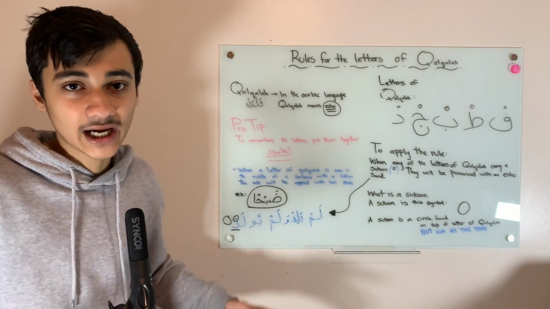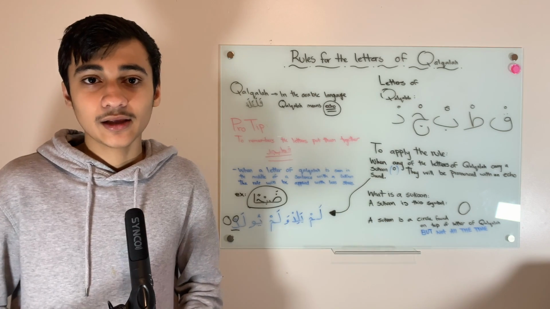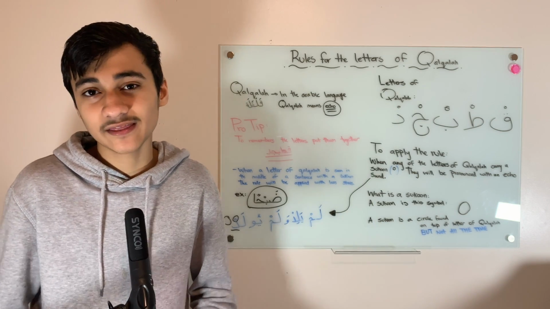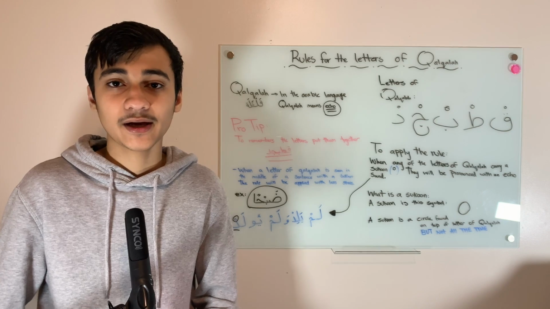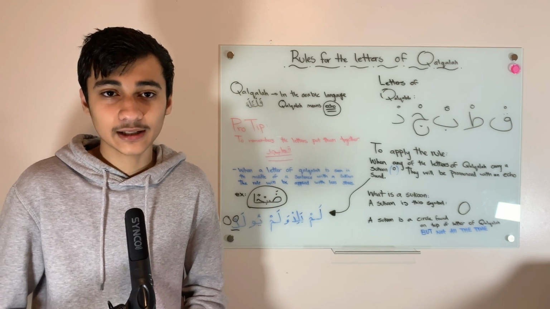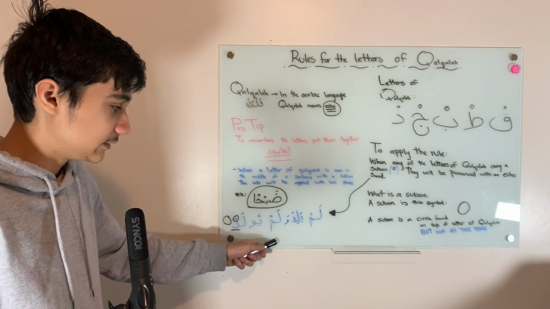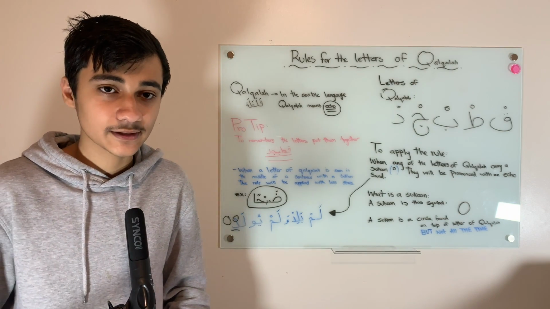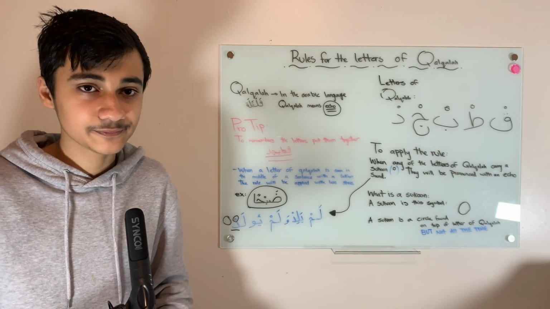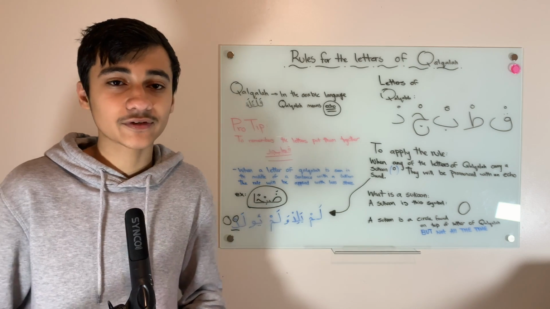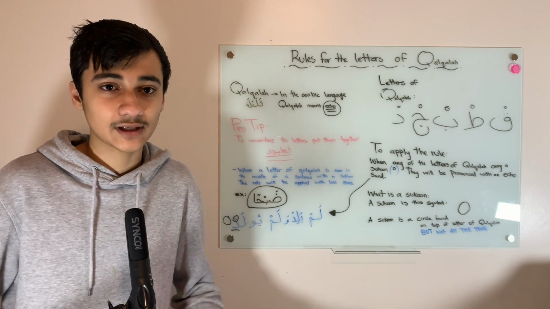And dhabhan. I'm not trying to say it that fast, but dhabhan, lam yalid wa lam yulad, dhabhan. You can really tell the difference when you listen to both of those right next to each other.